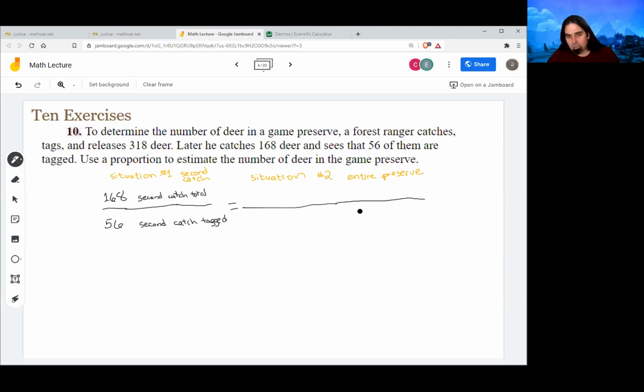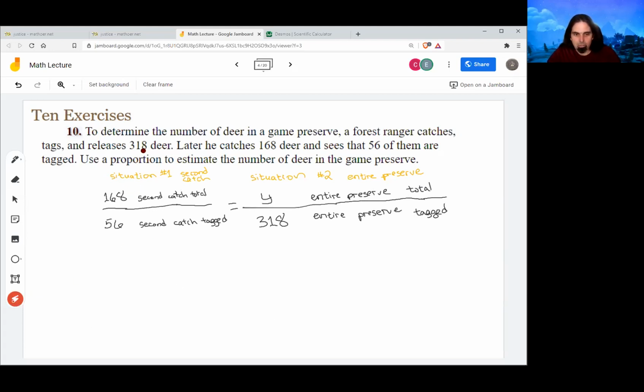So that we have the entire preserve total and the entire preserve's tagged. And we know that inside the entire game preserve, we're not sure how many are there total, but there's 318 that have tags on them.